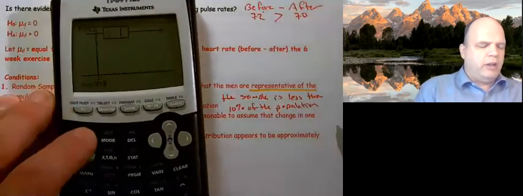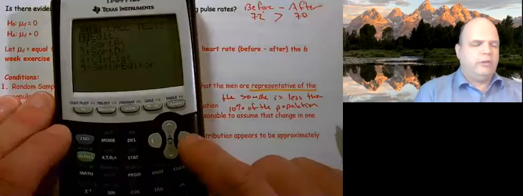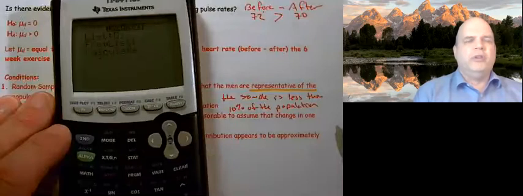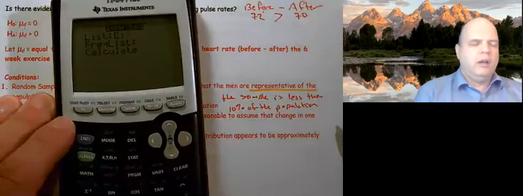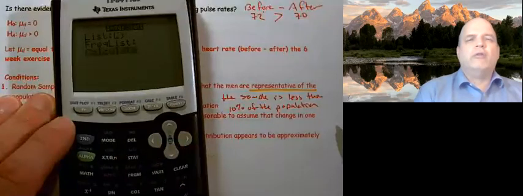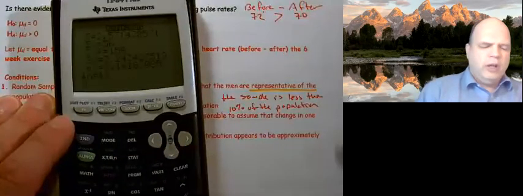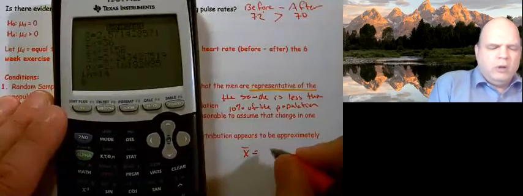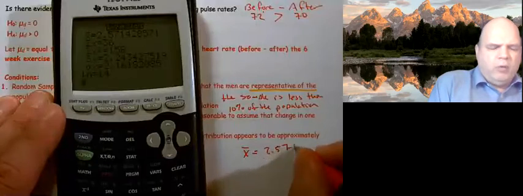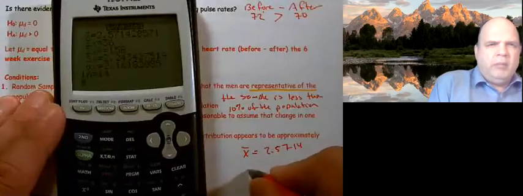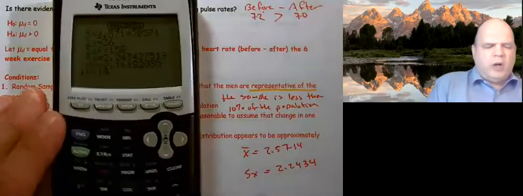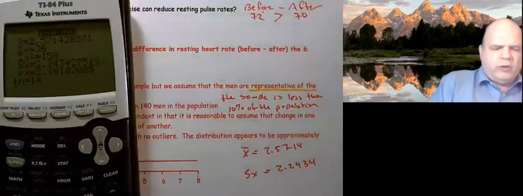So I'm going to press the stat button in the middle of the calculator, arrow over to the word calc, 1 variable statistics, second 3, and scroll through that really quickly with the enters, and I end up getting x bar equals 2.5714, and my Sx equals 2.2434.